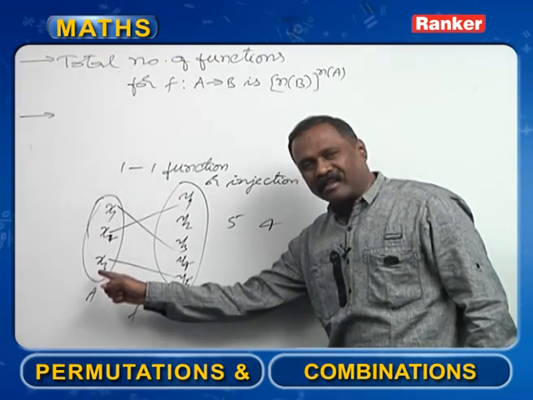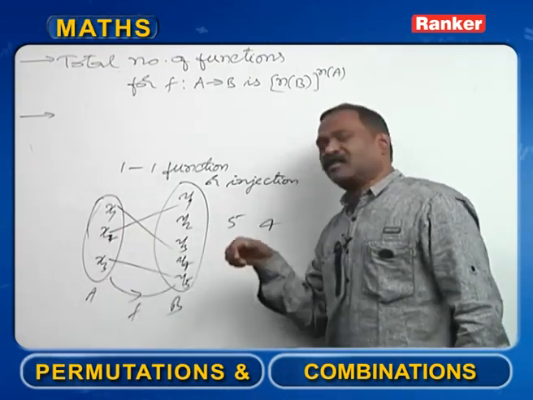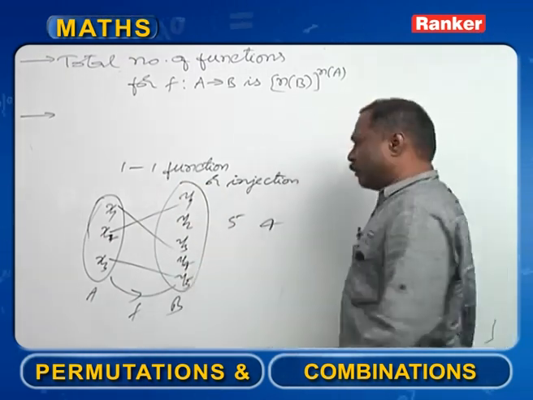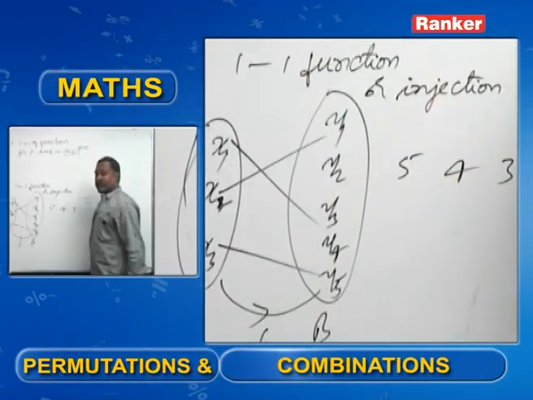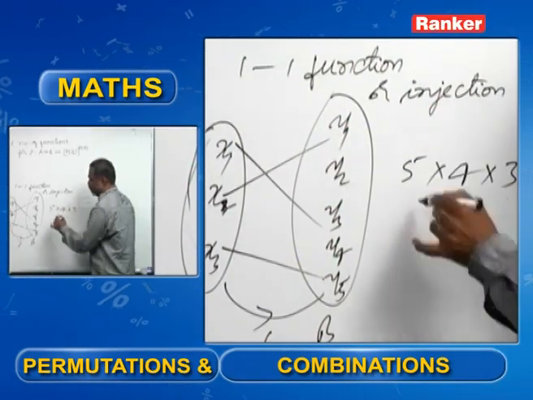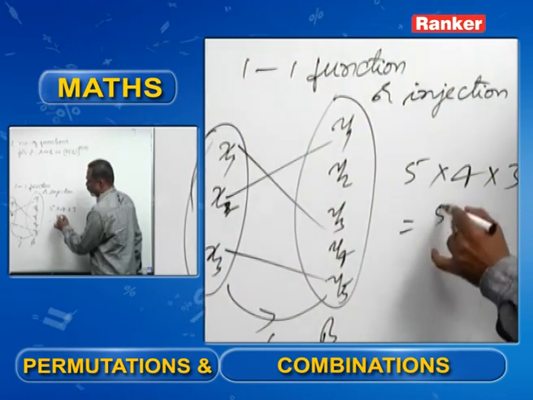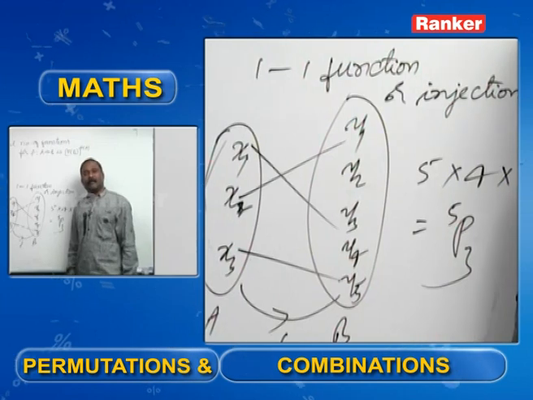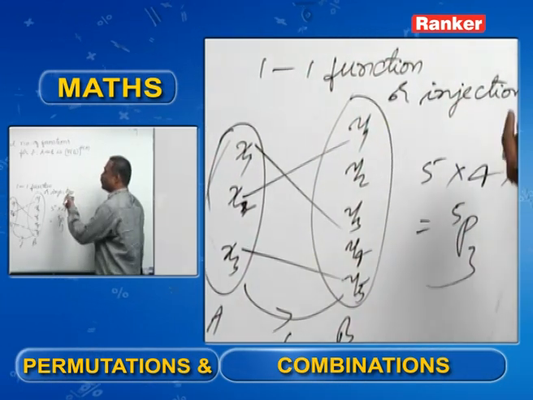And if you come to x3, because x1 and x2 are already mapped to any 2 elements of these 5, only 3 are remaining. So that is nothing but 3. So first operation 5, second operation 4, third operation 3. So it is nothing but 5 into 4 into 3, which is nothing but 5P3. So what we have derived will be clear now.